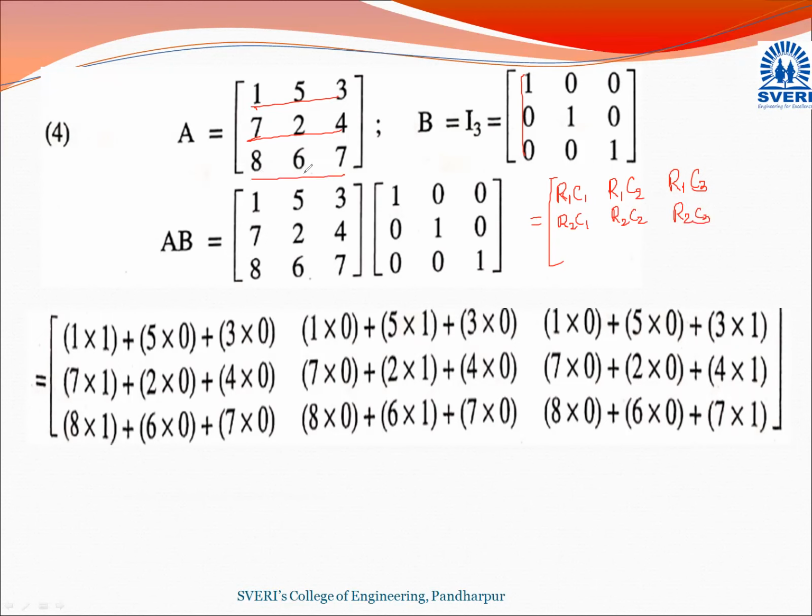Consider the third row multiplying with the first column, R3 C1, R3 C2, then finally R3 C3. Okay, so such types of examples we can solve easily by using this method.